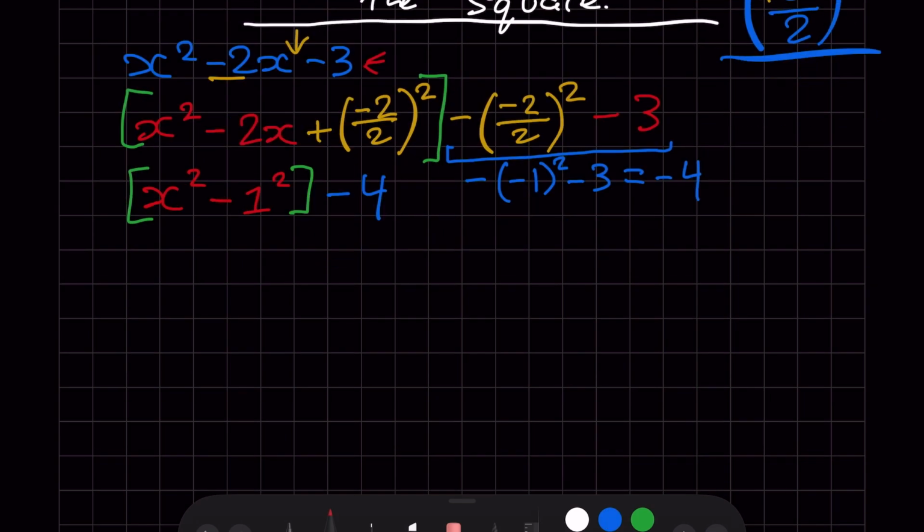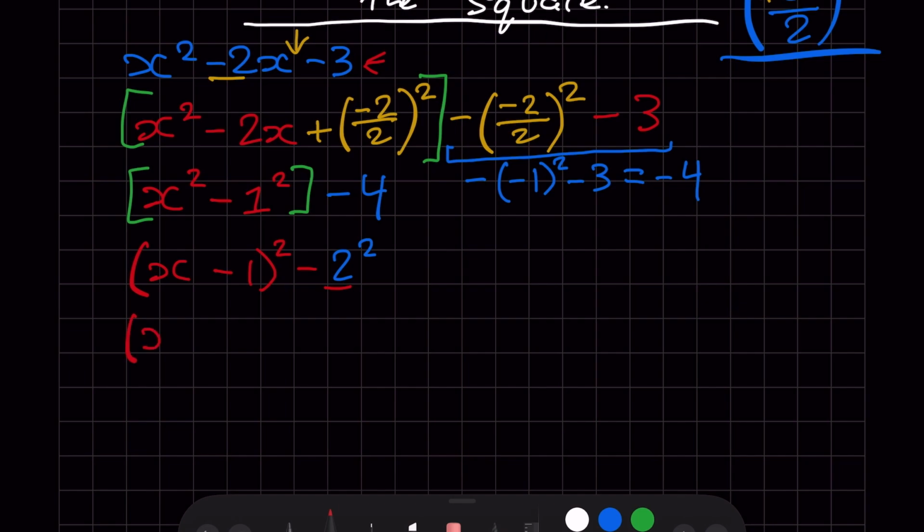Now we can take this first bit here in red. They're both squared, so we can go x minus 1 squared like that. And we want to subtract something that we square to get 4. Hopefully you guys know that 2 squared equals 4. So we do minus 2 squared there.